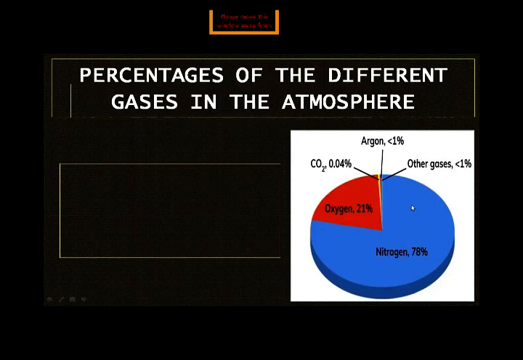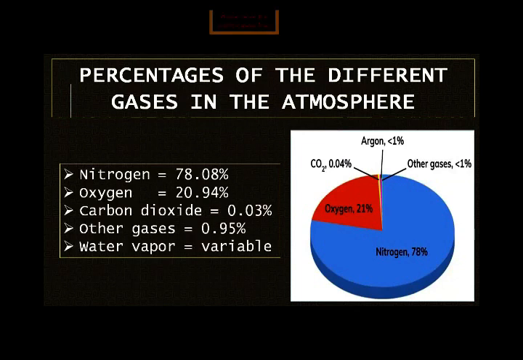Only 0.04% of air is carbon dioxide, but it is enough for the plants to make food. Besides these gases, air also contains dust, smoke, and water vapor. The amount of these in the air varies from place to place and time to time.